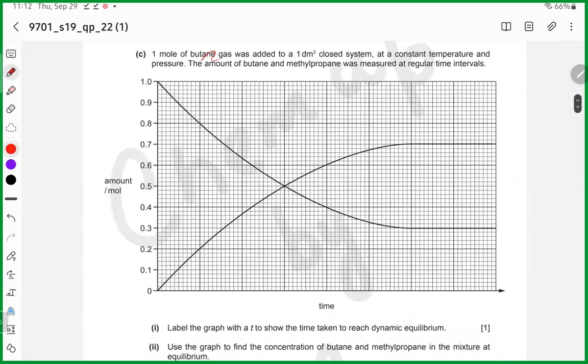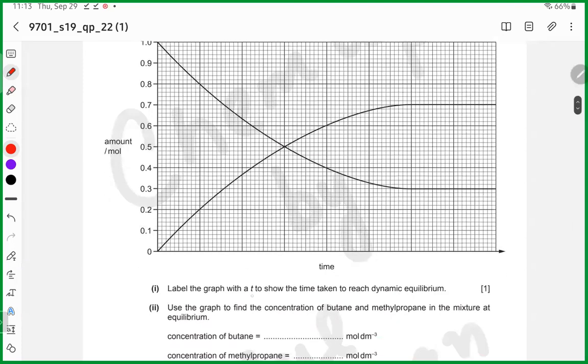Now, 1 mole of butane gas was added to a 1 dm cube closed system at constant temperature and pressure. The amount of butane and methyl propane was measured at regular time intervals, and here we have a graph. Label the graph with the italic T to show the time taken to reach the dynamic equilibrium.